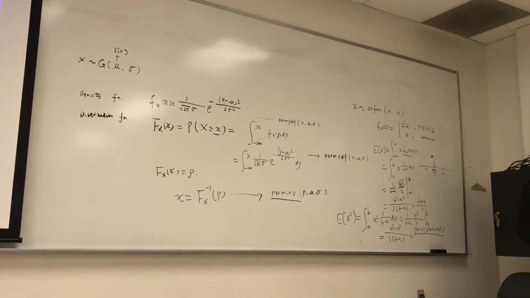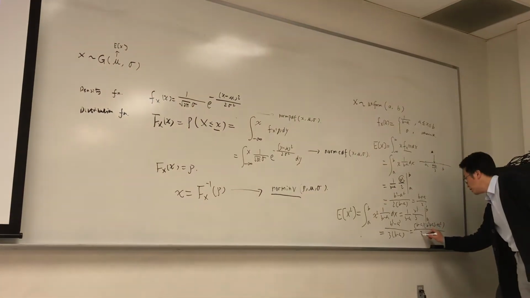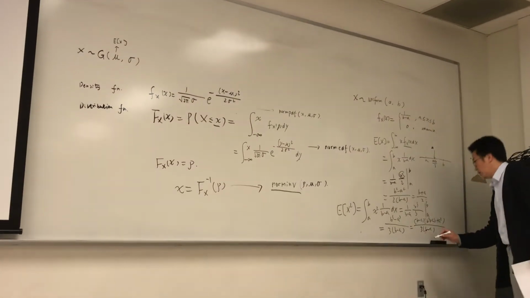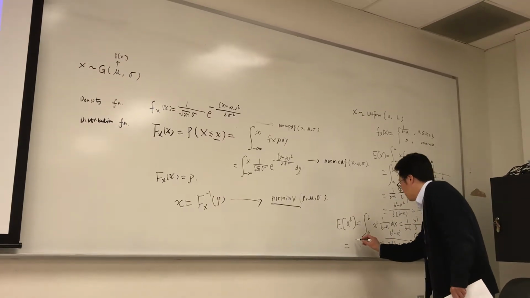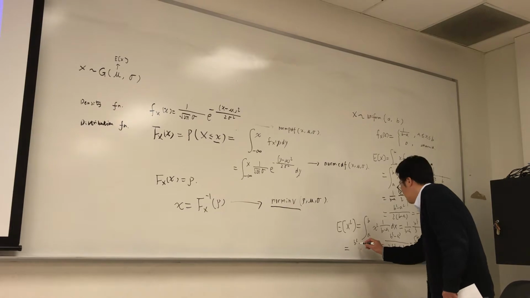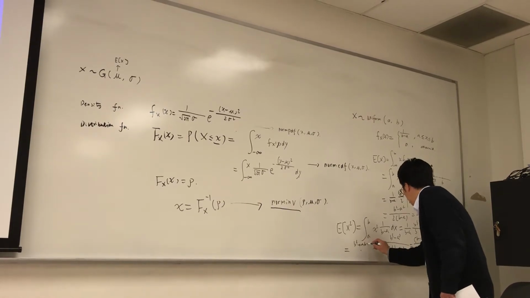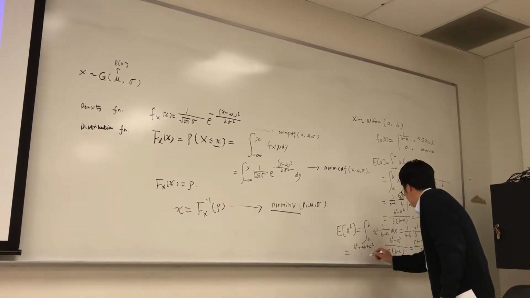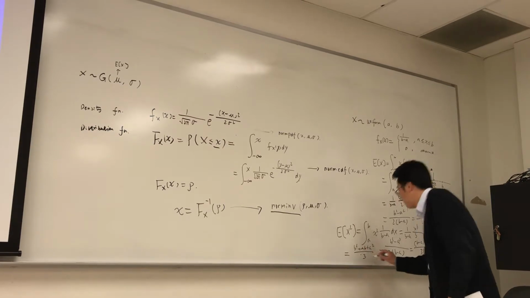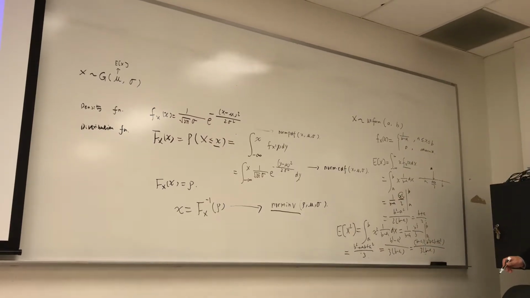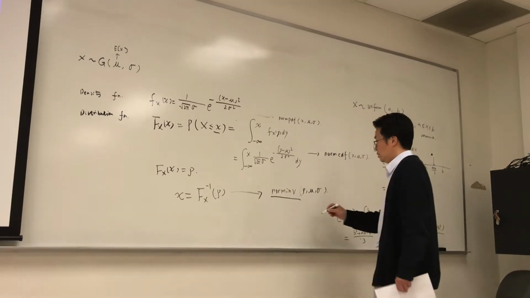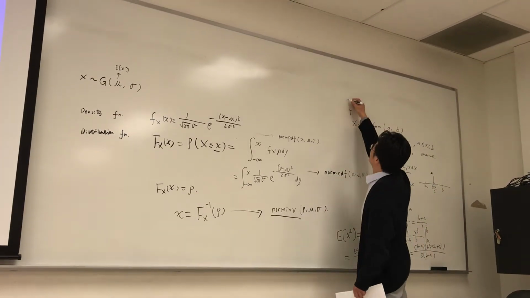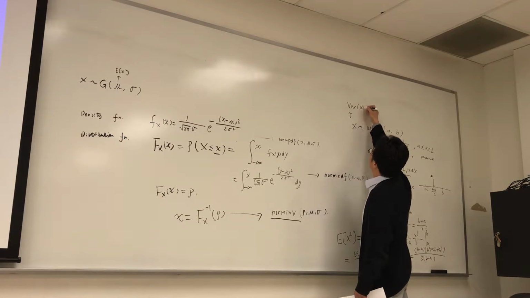From algebra, okay? And 3(B minus A), now you can see equals what? B squared plus AB plus A squared over 3, right? Okay, this is E[x squared]. And then the variance, let me look here. The variance will equal what?